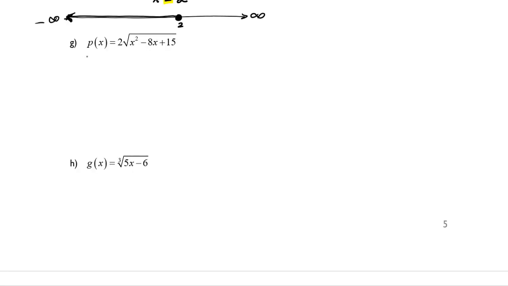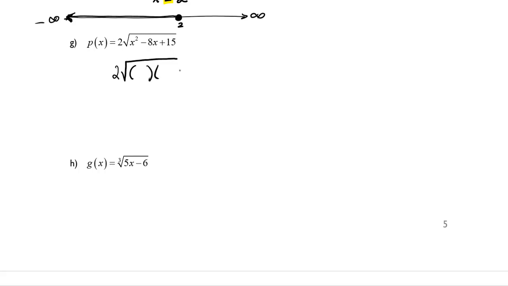Let's look at example G. We have p of x equals 2 square root of x squared minus 8x plus 15. Now, I know that the parabola that is represented underneath this radical is an upward opening parabola. So I know the only region on which this can exist is where it is positive or equal to 0 as a parabola.